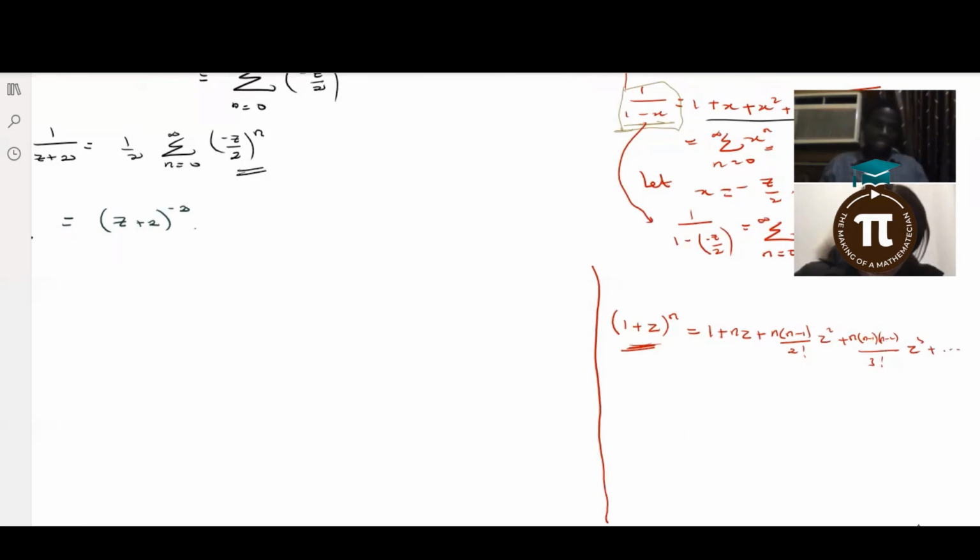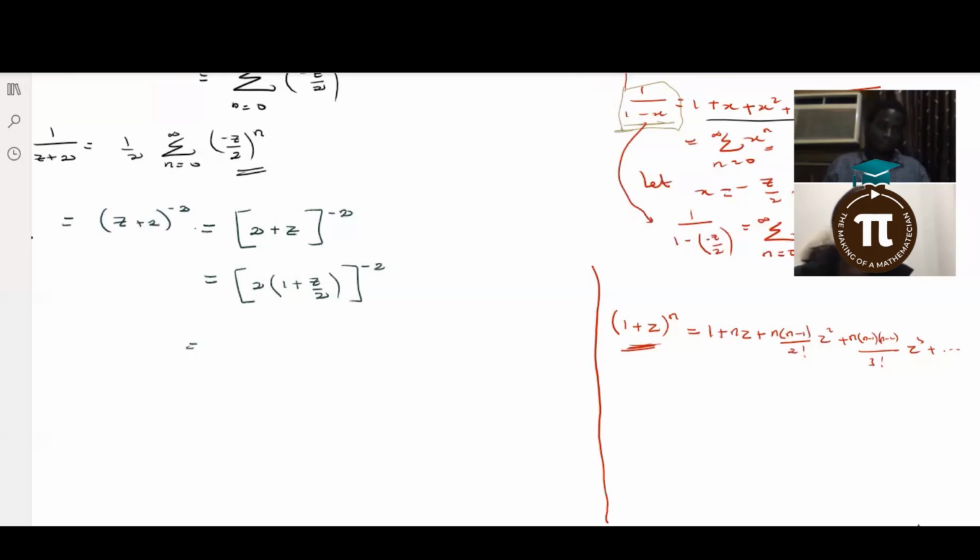So this basically is equal to 2 plus z, okay, so z plus 1, right? Do you understand this?